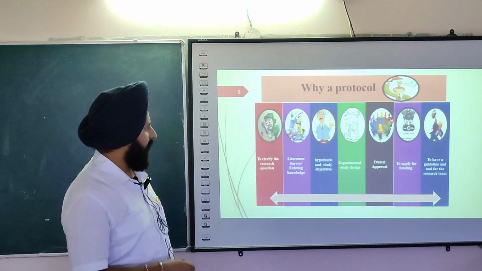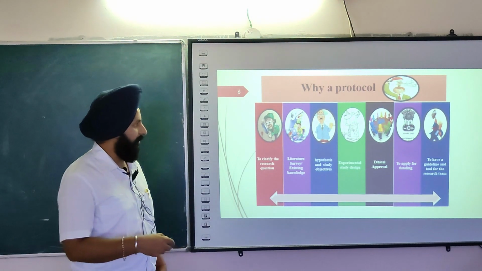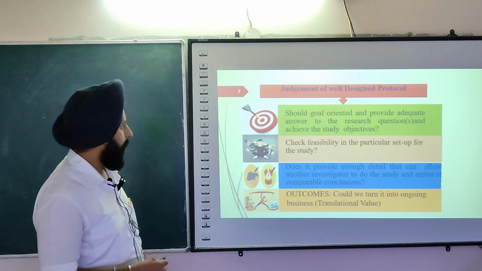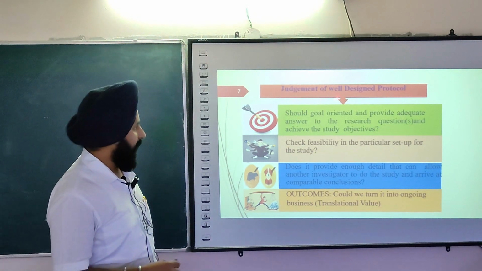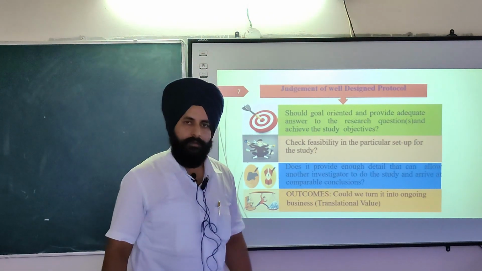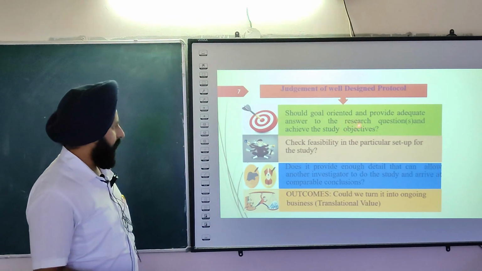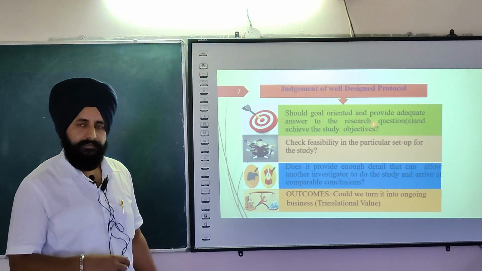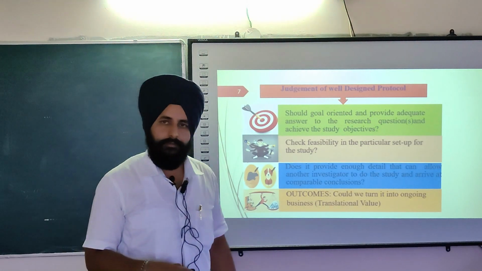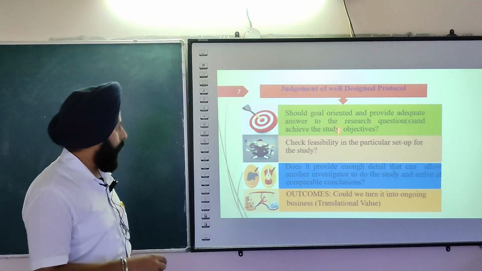So this is important, why we do a protocol and what the components of the protocol are. Now this is the important part: how you will judge whether it is a well designed protocol or not. It should be goal oriented, that means what research, or which type of research, you are doing should be goal oriented.